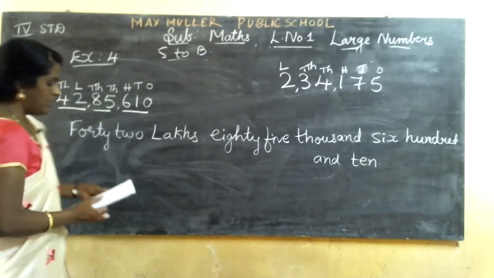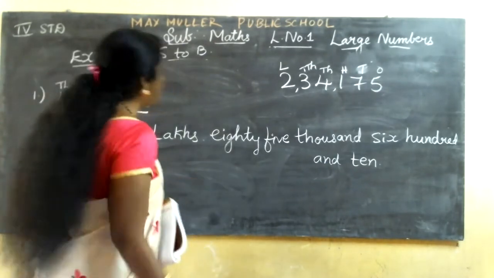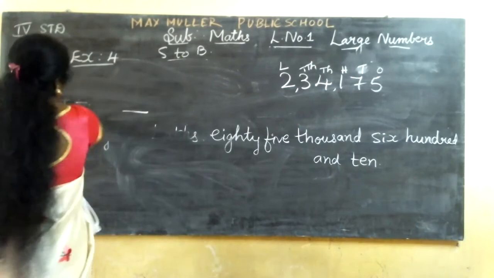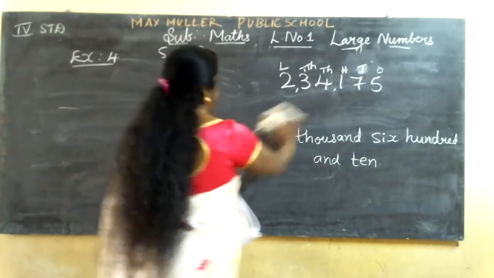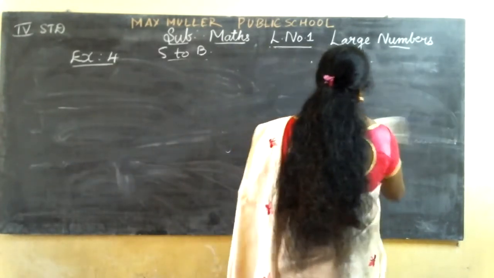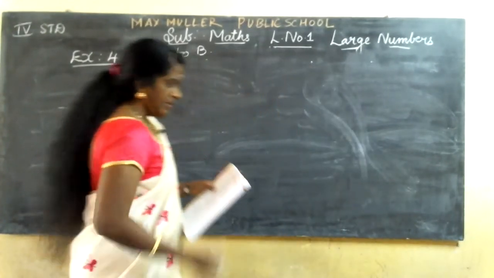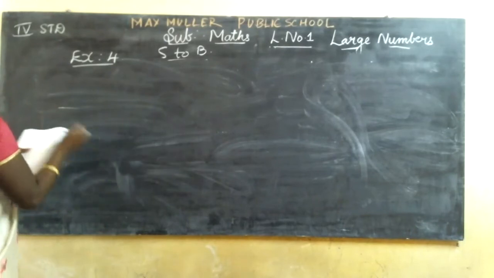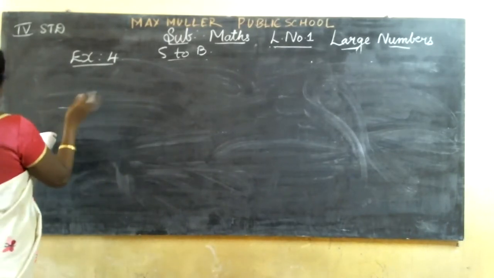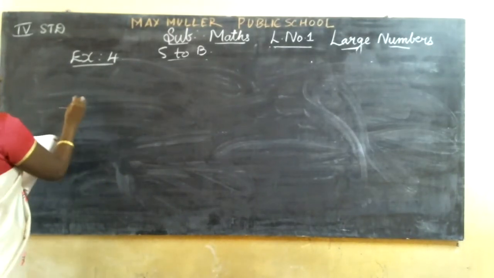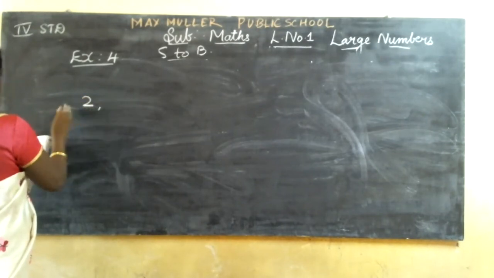Okay, so write all this. Write the numbers in figures. I won't write the question. 2 lakh. It is 2 lakh.